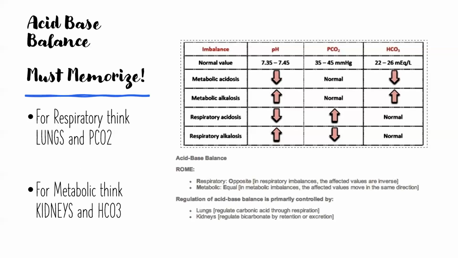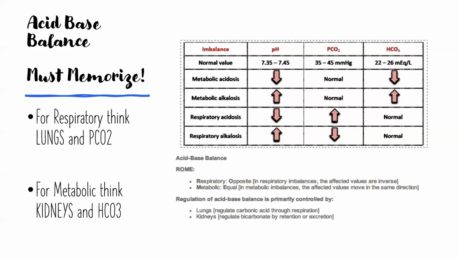For your PCO2, as the value goes above 45, we're looking at acidosis, and if the actual PCO2 value goes below 35, we're looking at respiratory alkalosis. They're becoming more basic.